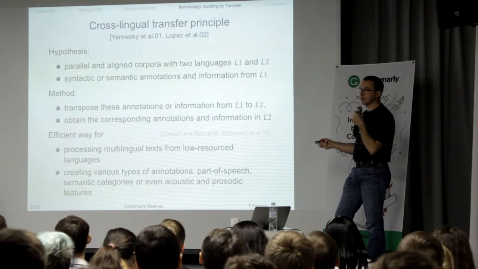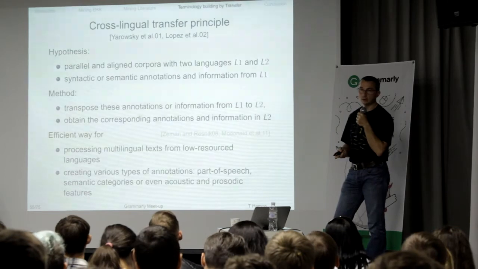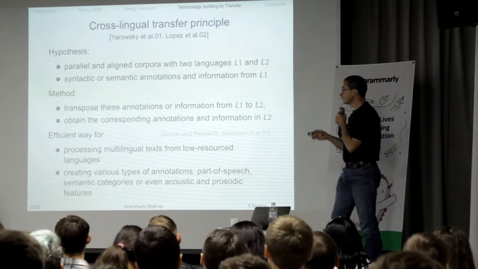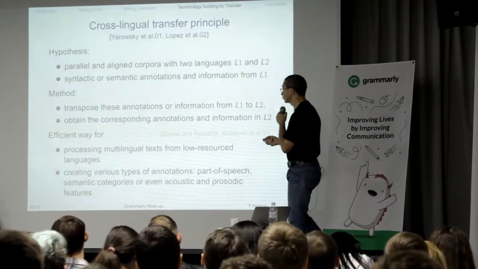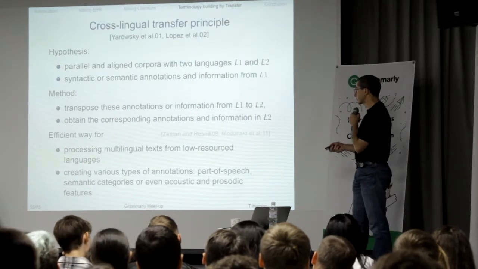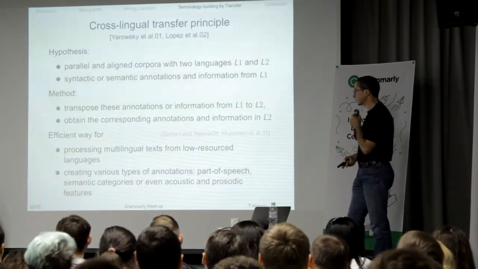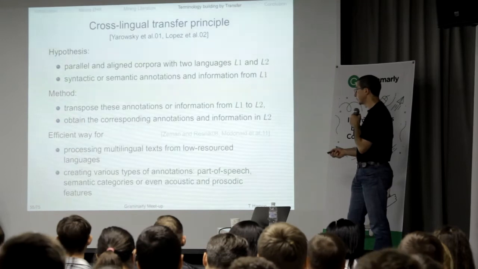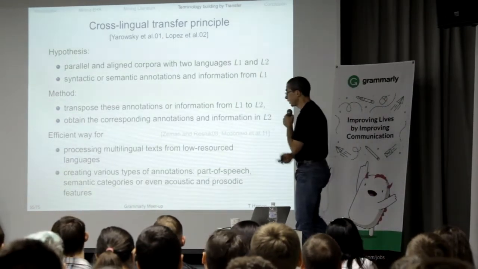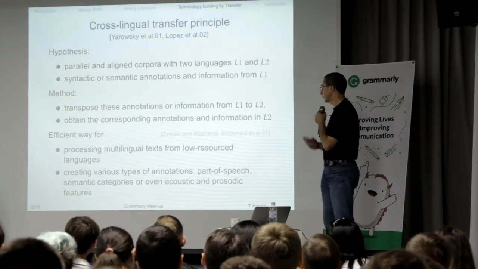In that case, we expect to obtain the corresponding annotation on the L2 language. Such a method is an efficient way to process text for a low-resource language. It gives good results for different types of annotation: part of speech, semantic categories identification, and also to identify some acoustic or prosodic features. So it was a challenge to use it for terminology extraction.